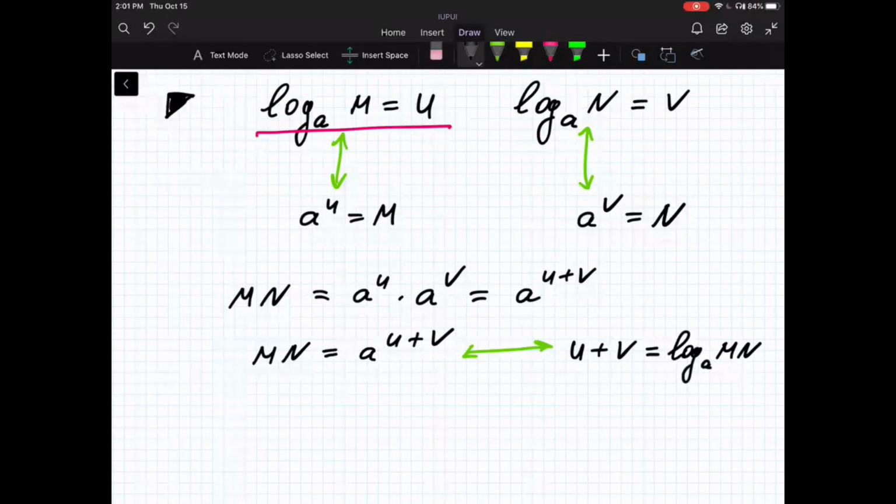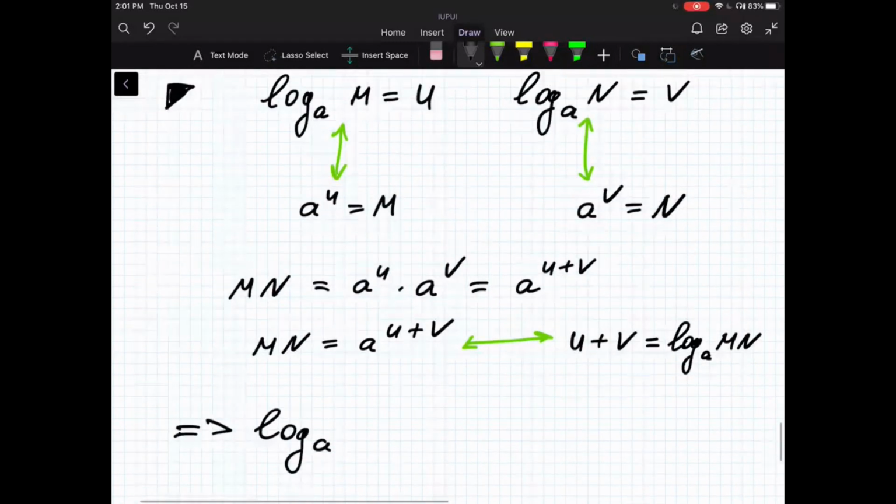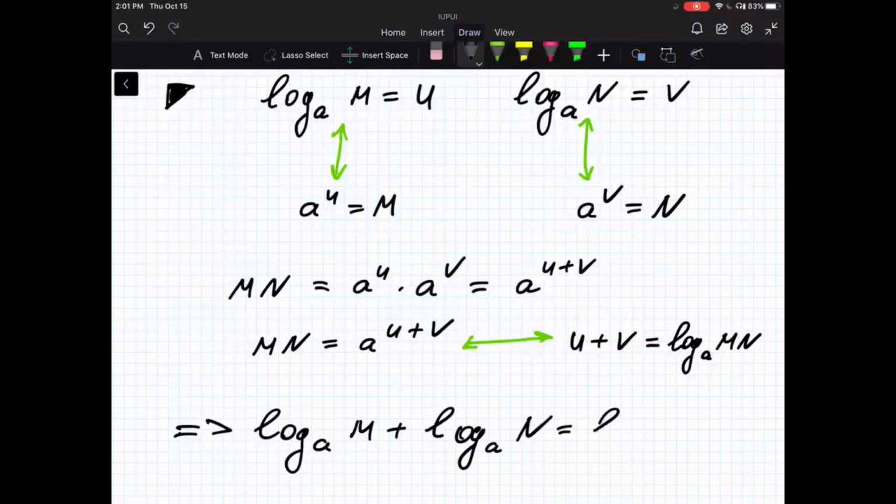But we defined our u as the logarithm of m with base a, and v as the logarithm of n with base a. So we get the desired property.